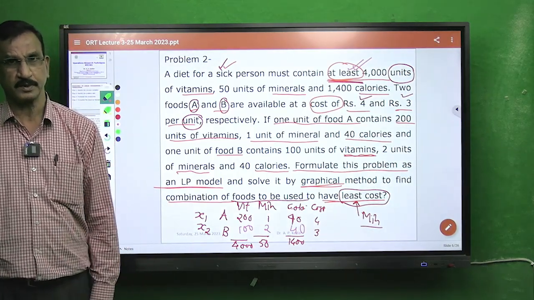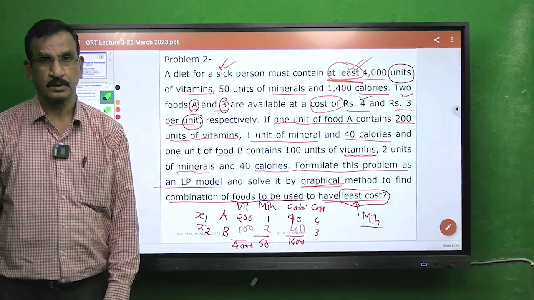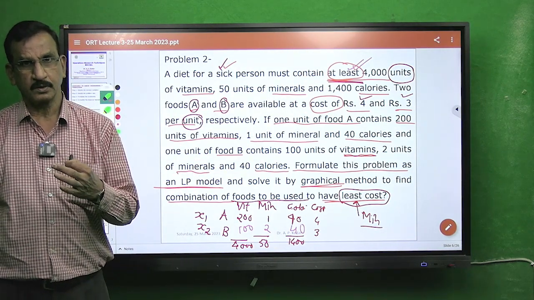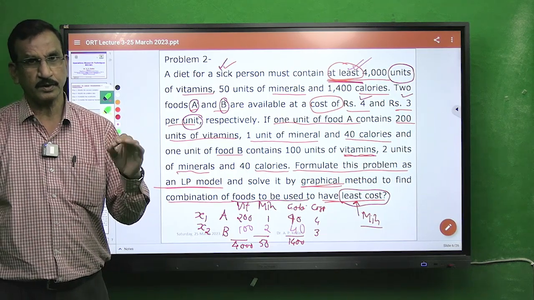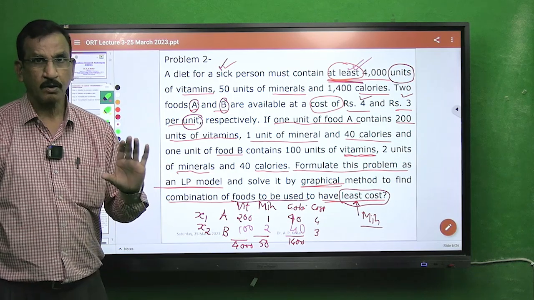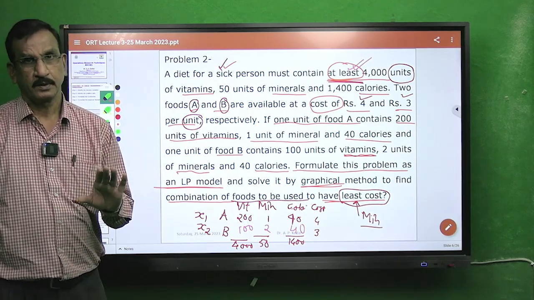With at least, it means the minimum should be the given quantity, either 4000, 50 or 1400.